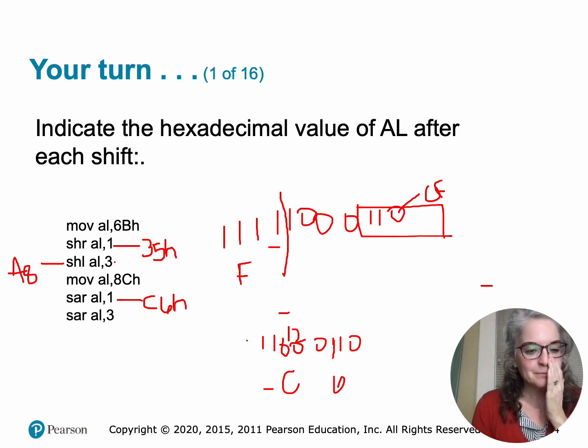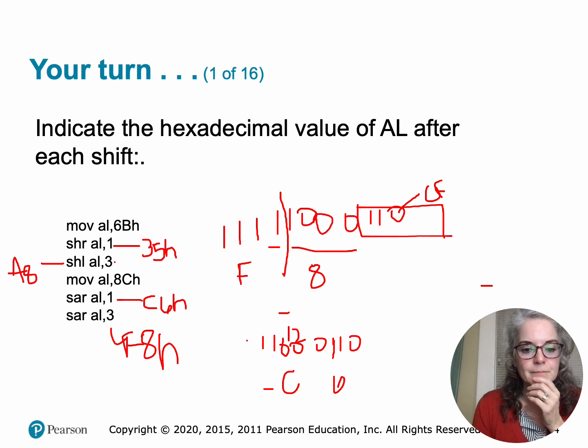Okay, so that's F. And then this side over here, you have 1, 0, 0, 0, which is just 8. So this shift gave us F8H. And there's the answers right there. It's exactly what we got.